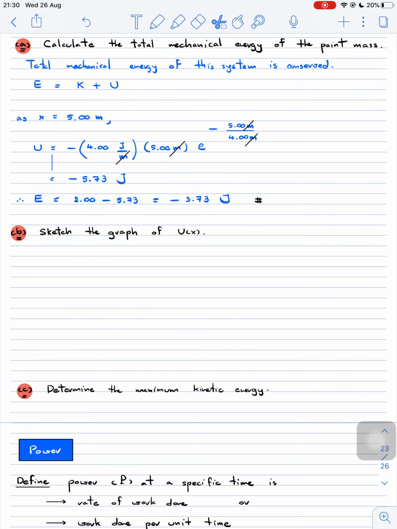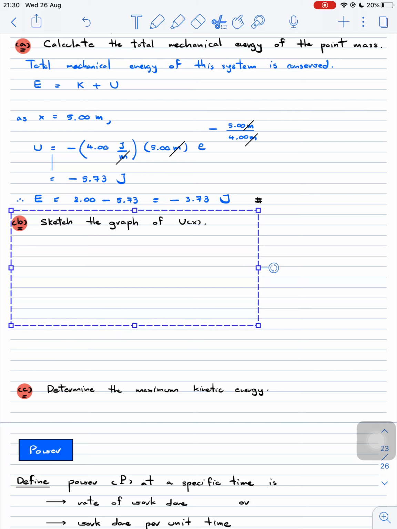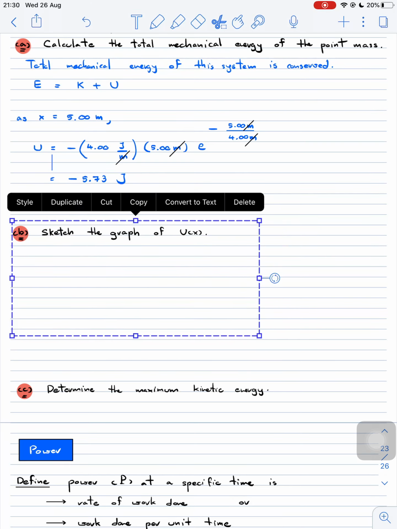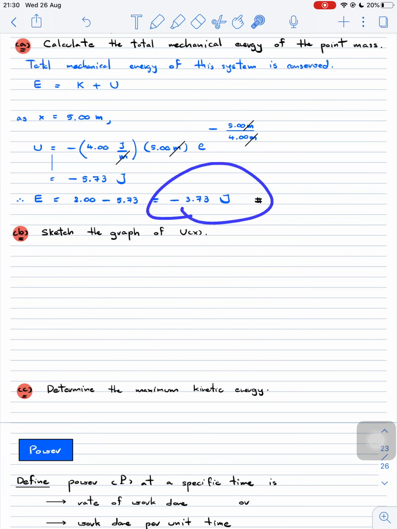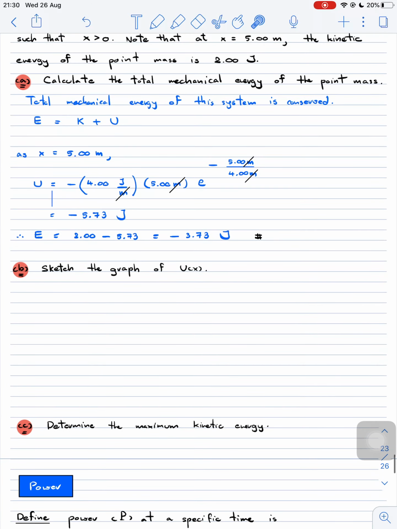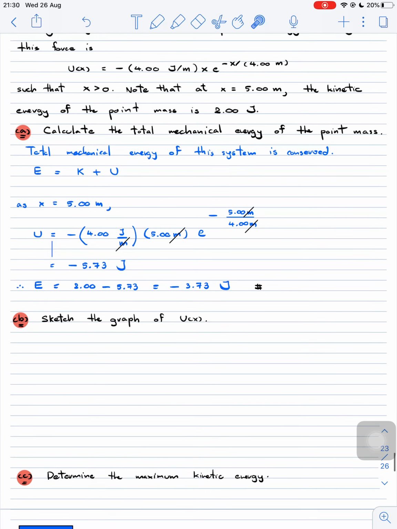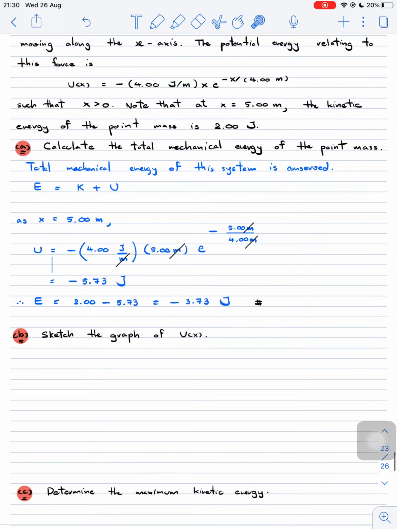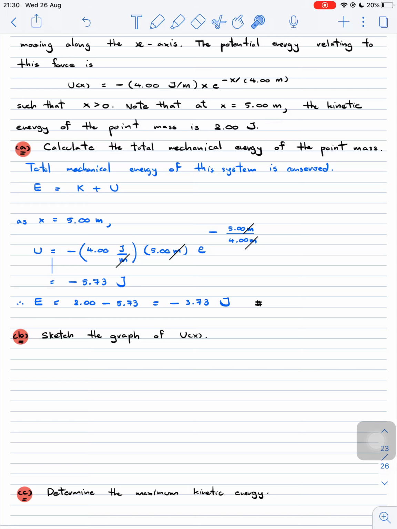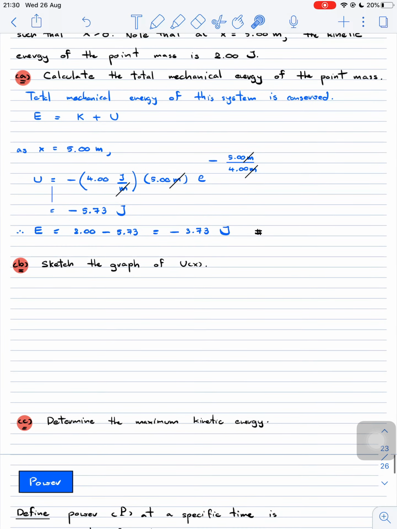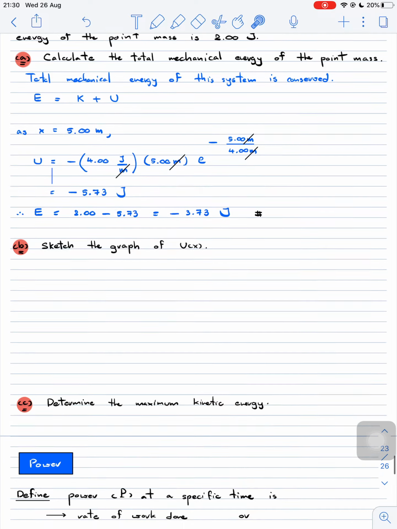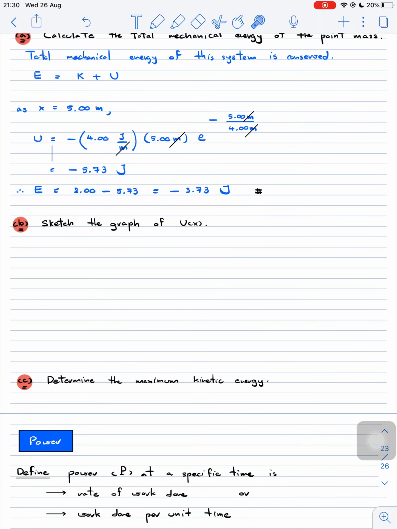And one thing is that because now we have found the total mechanical energy, this value can be applied to any position x of the point mass. It's not restricted only to 5 meters, because the total energy of the system must be constant, it must be conserved. So this value is going to work for all positions x.